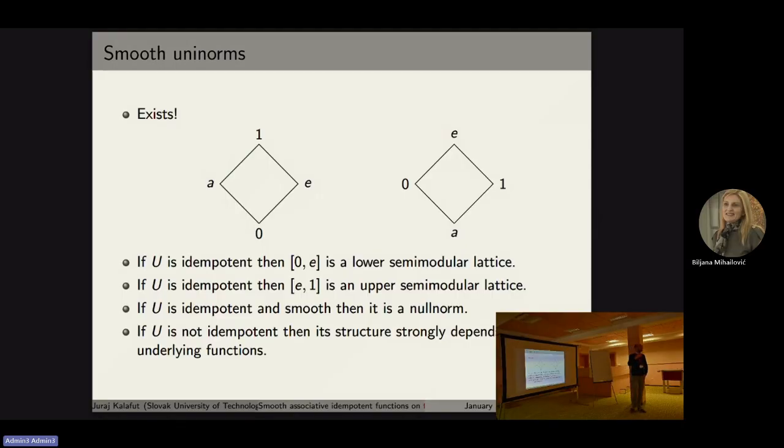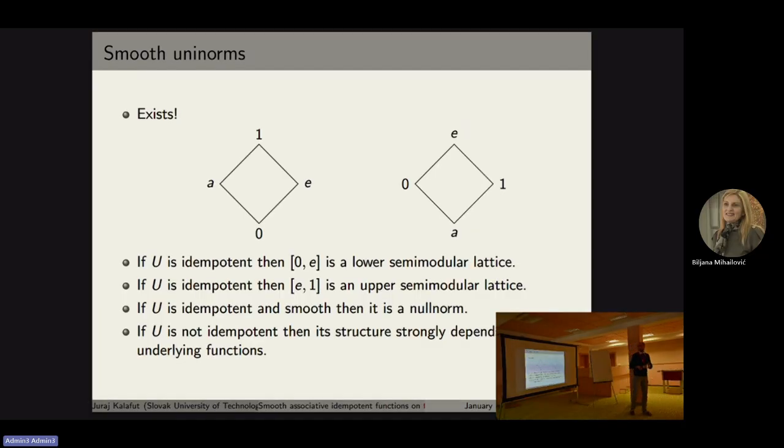When it is not idempotent, there is a problem because smooth T norms on finite lattices haven't been studied yet. We only know some things about them, but we do not know how they are characterized, and they pretty much affect the structure of the uninorm.